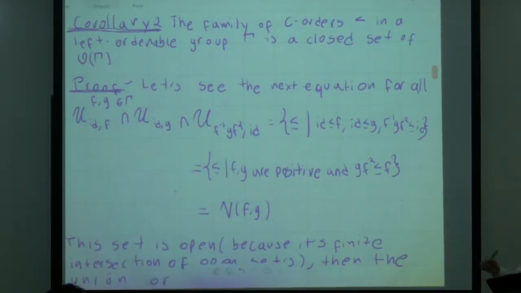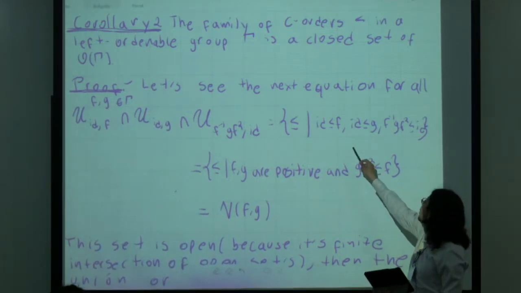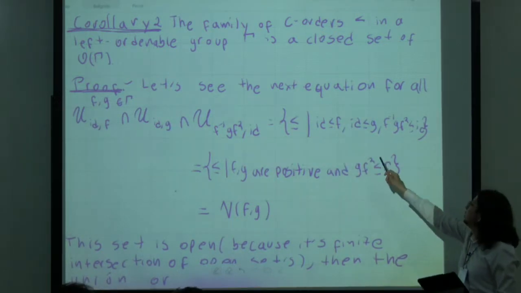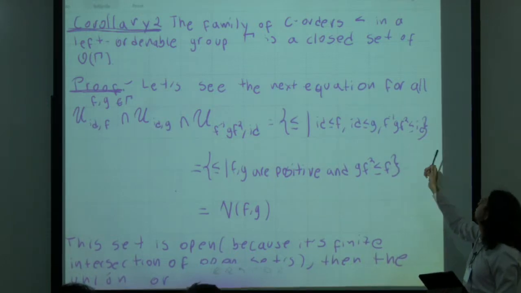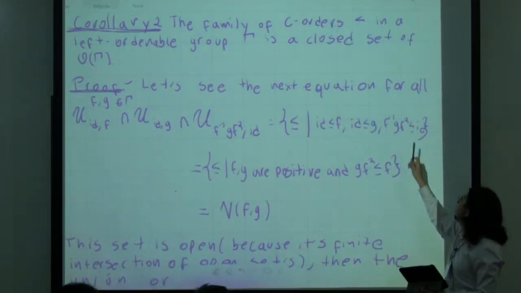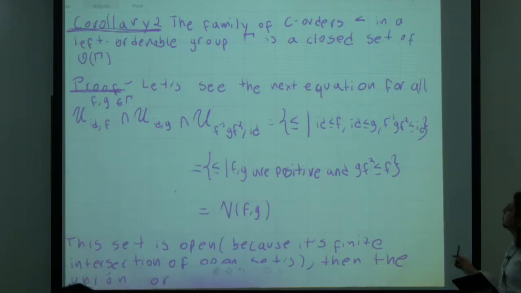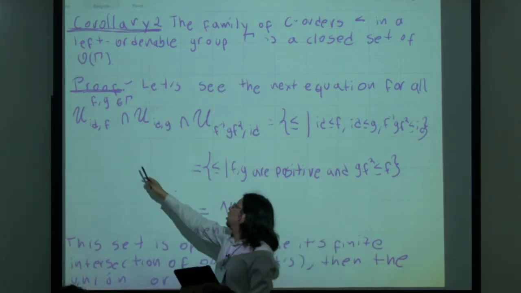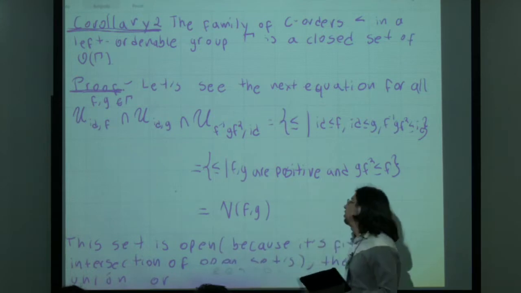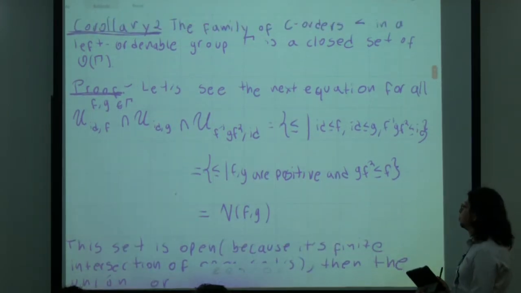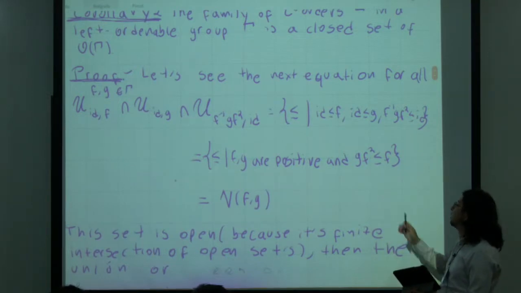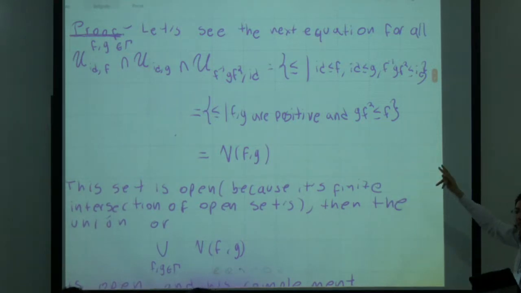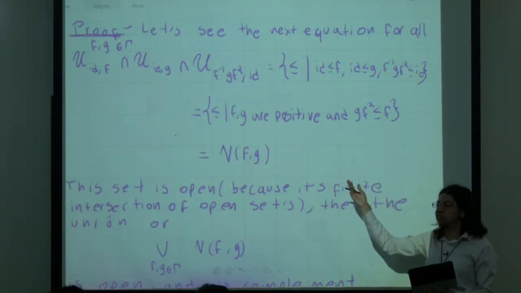We only need to see that this set of orders, such that f and g are positive and this inequality also holds, is equal to this intersection of subbasics of the topology, because this is an open set, and by the previous proposition, we proved that the complement of the C-orders is the union of all of these sets, and this is a union of open sets.